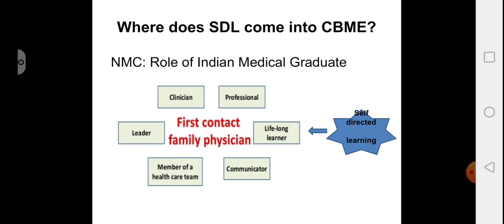Then how does he become a lifelong learner? It can't be in one day or a couple of months. So he has to inculcate it right from the beginning. So right from the beginning, you need to inculcate this nature of self-directed learning in order to become a lifelong learner.